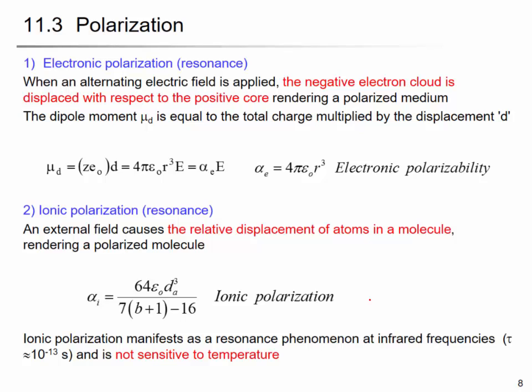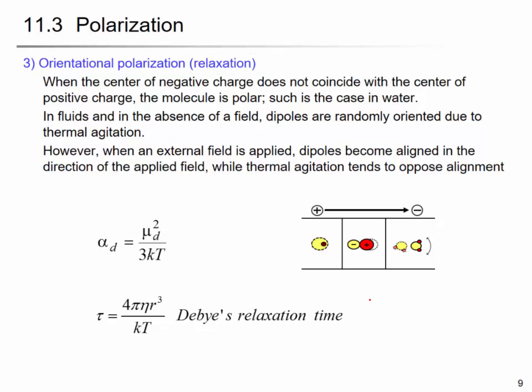I think this is important. Two equations, when you look at the top and the bottom equation, there's no temperature term. So the electronic polarization and the ionic polarization are not affected by the temperature significantly. But orientational polarization is what? This polarized water molecule will have to fight against the thermal agitation or random vibration, Brownian motion.